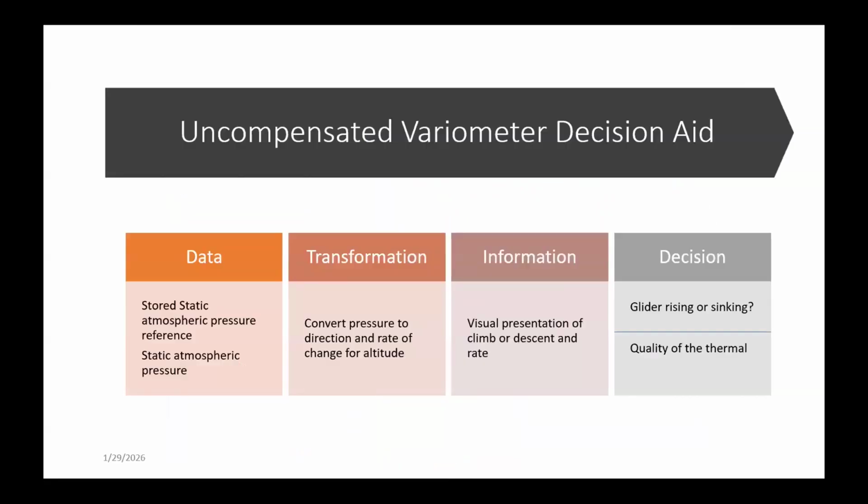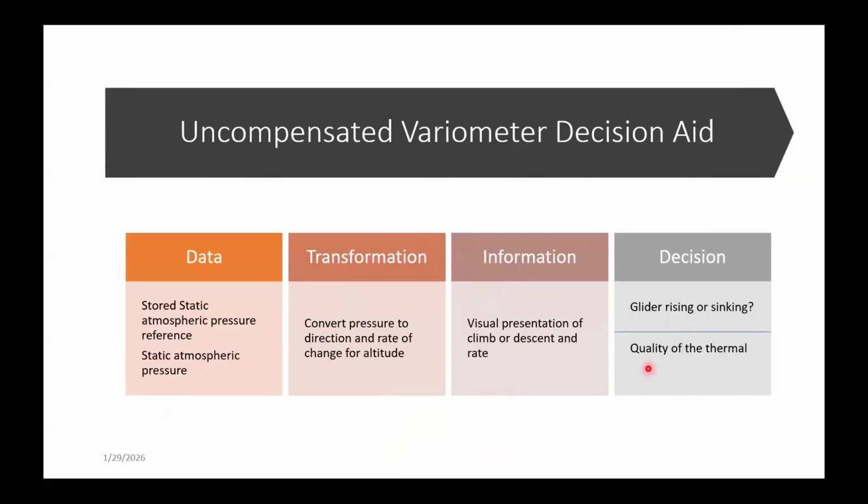So in this case, we've got the stored pressure information. We've got the current static pressure information. We're going to convert that into a direction, so climbing or sinking, and a rate of change. We get a visual representation. So now the question is, is the glider rising or sinking?